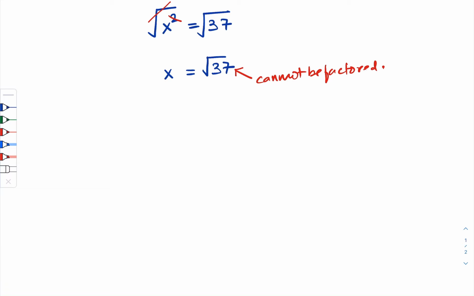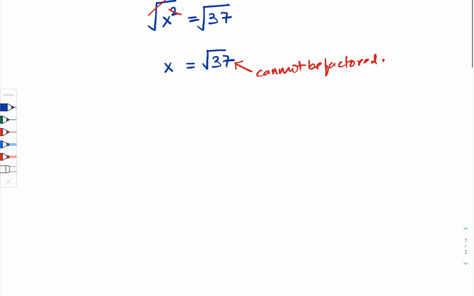Now, a few things to note out here. Since the initial problem was x squared is equal to 37, right? When you take the square root, you could end up with two types of signs, okay? Which means, so let's take, for example, let me show you out here.